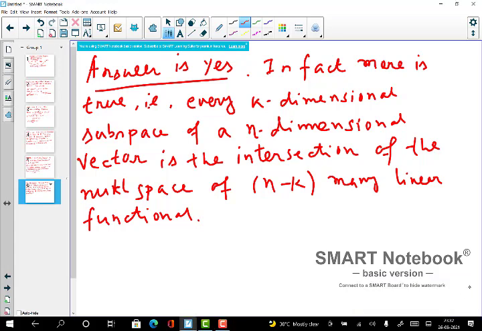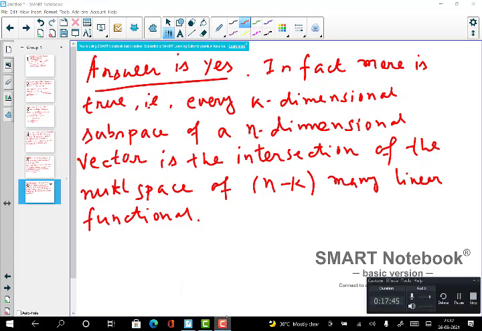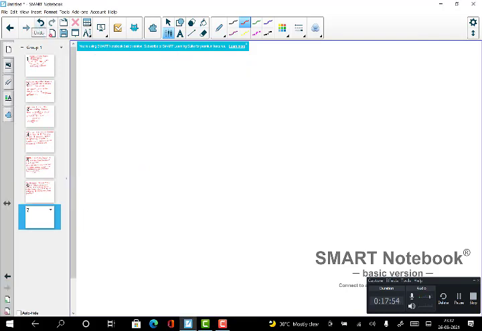Now to understand this, we need a new idea. What is the idea? Let us define something called the annihilator. So, definition. Let V be a vector space, any vector space.